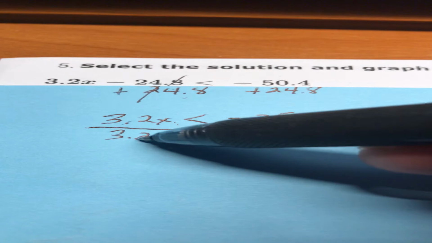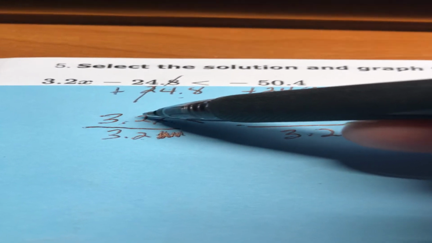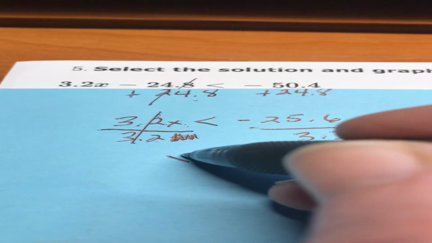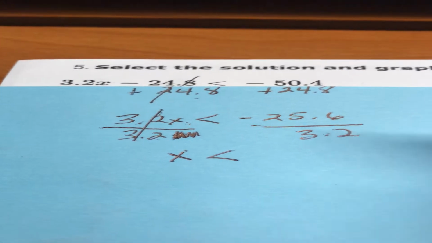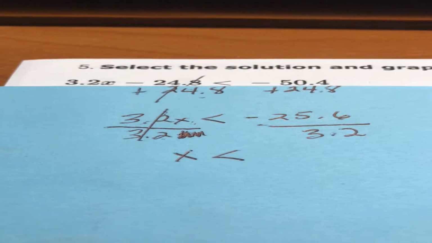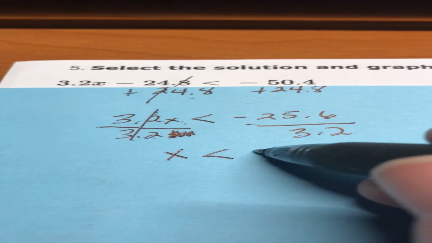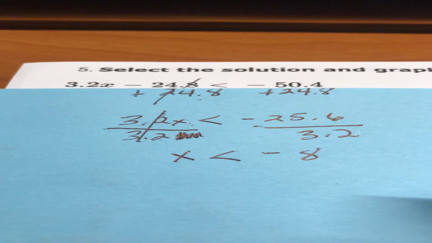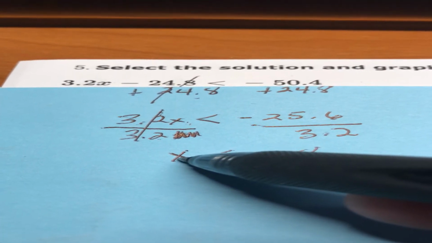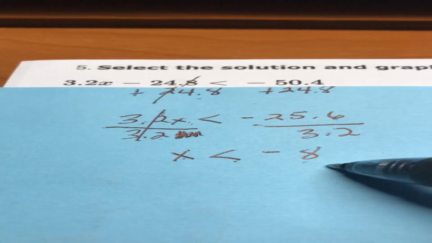So 3.2 divided by 3.2 is just 1, and 1 likes to be invisible, so I'll leave that alone and have the x. Then I do the math on the other side, and that's going to be negative 8. So what this means is x is less than negative 8.